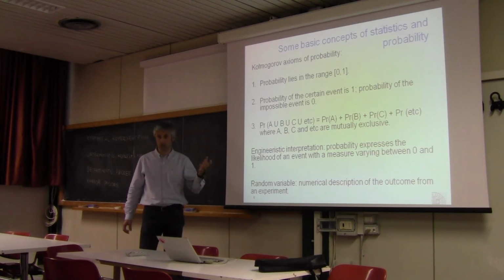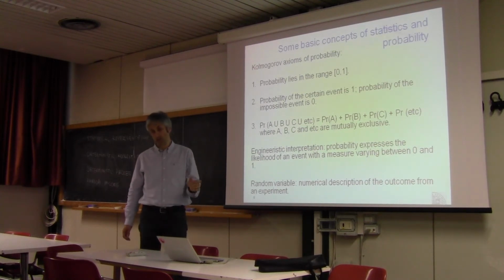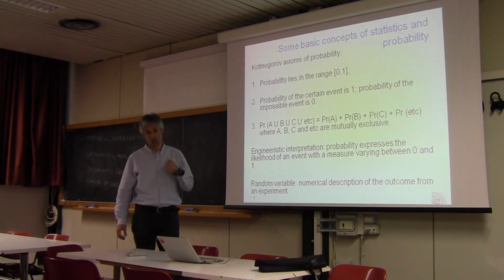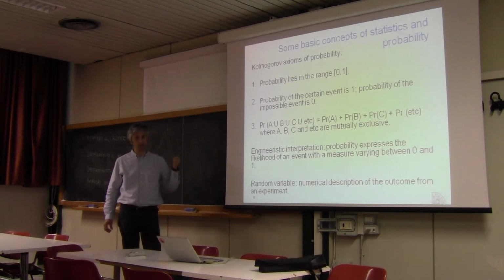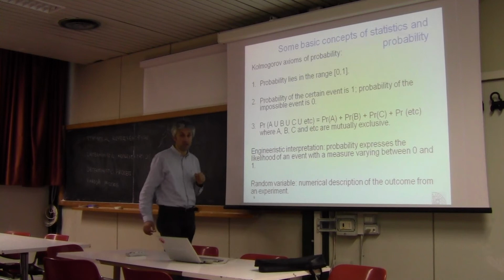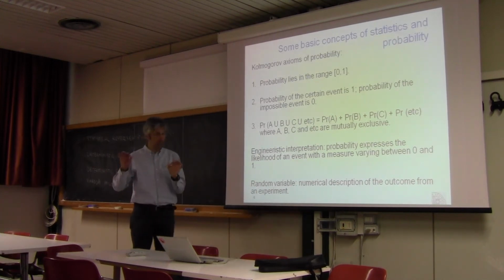In the case of tossing a coin, it's just a binary variable, 0, 1, head and cross. In the case of river flow, it's a continuous variable. But now let's assume that we are dealing with variables that are discrete, not continuous. So it can be an integer variable, it can be a binary variable, discrete.